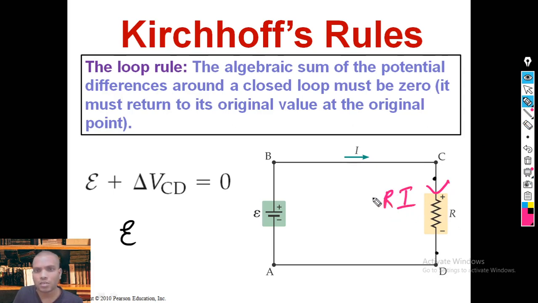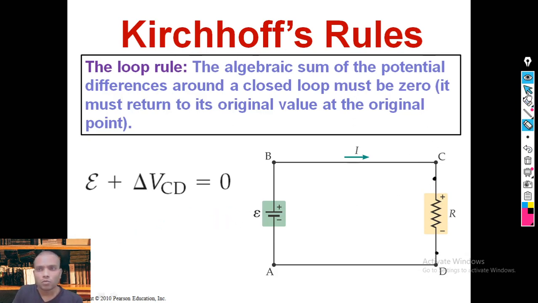This is the potential difference I mentioned for a moment, delta V suffix CD, where CD is the branch. Now the algebraic sum of these two potential differences: EMF E plus delta VCD equals 0.